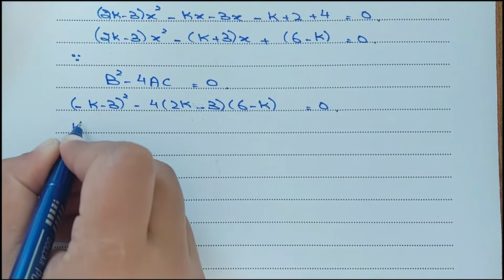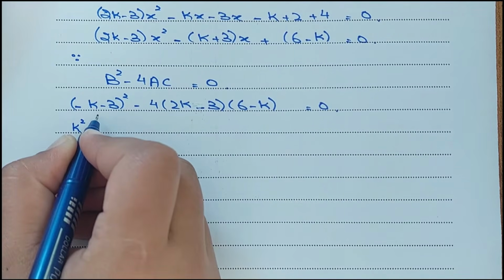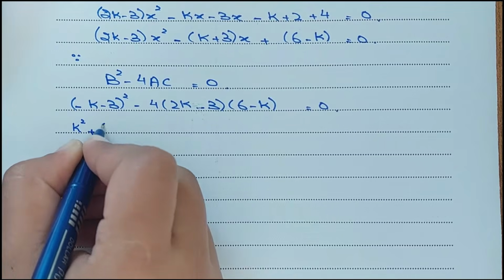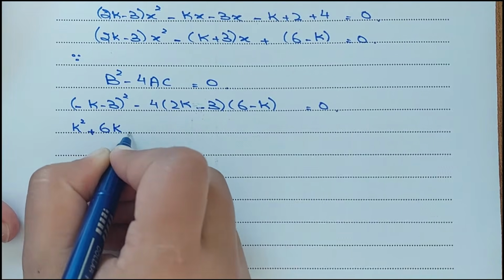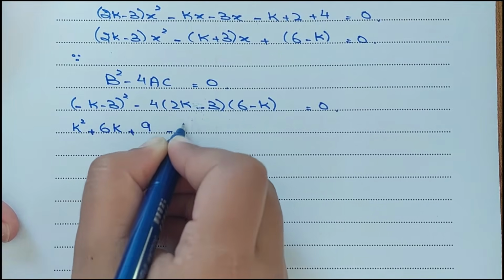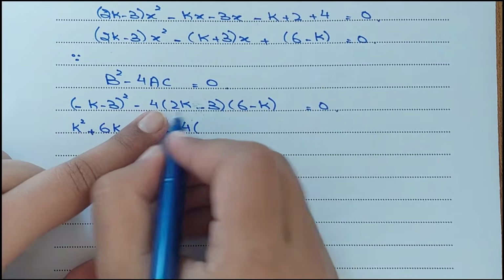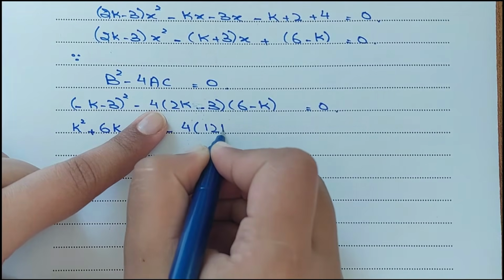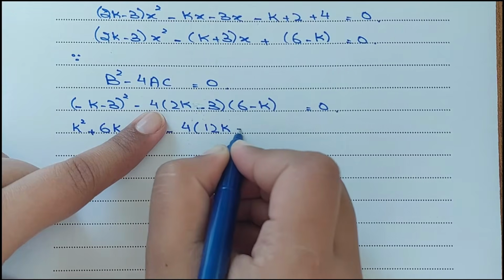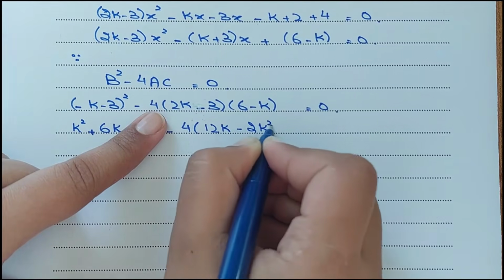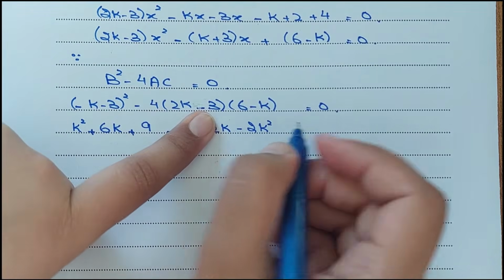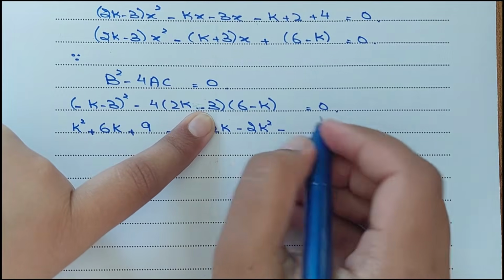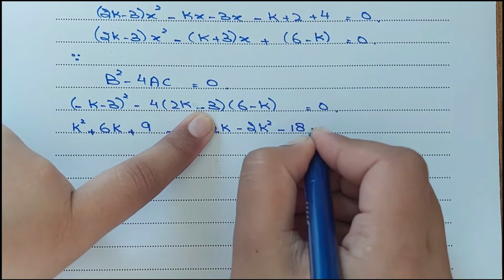We have k square, and 2 times 3 would be plus 6k. 3 square is 9, minus 4 is outside. 2 times 6 is 12k. 2 times minus k is minus 2k square, minus 3 times 6 is 18, plus 3k.